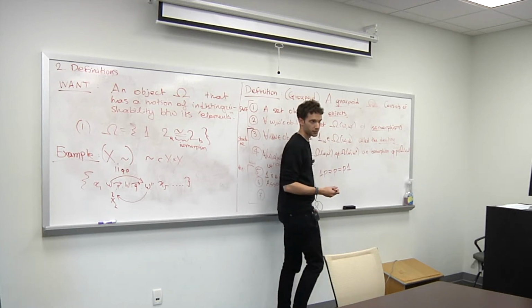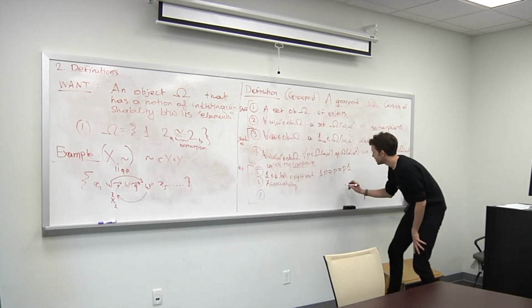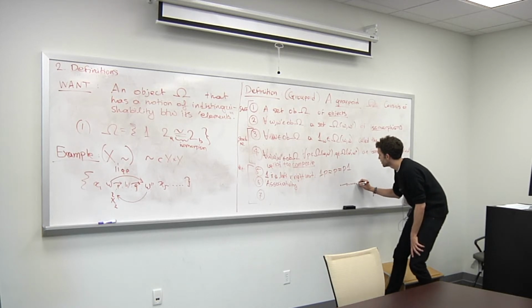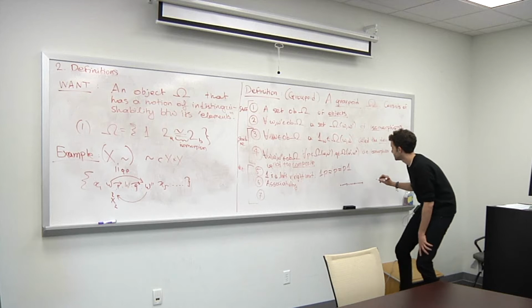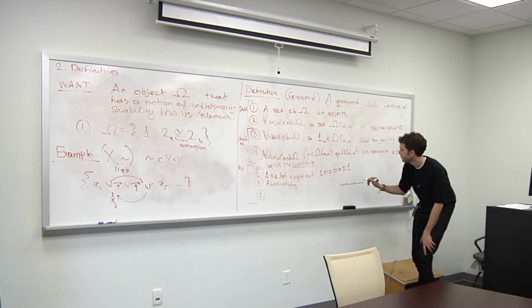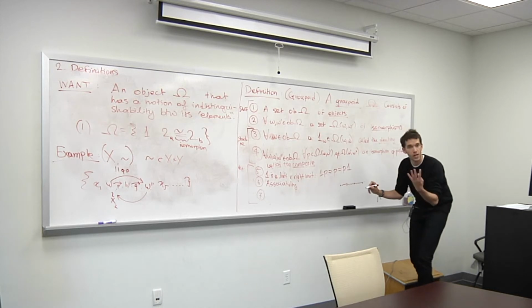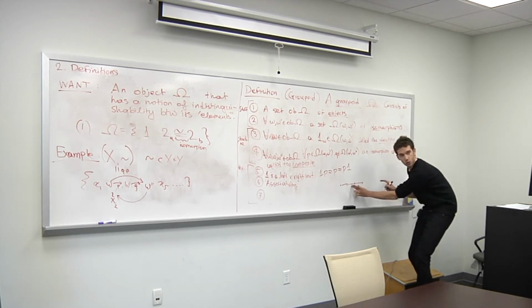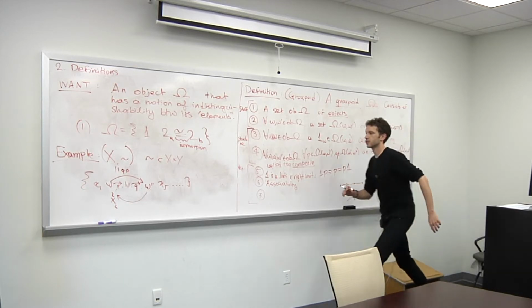Which I'll draw graphically. This means that if you have three successive isomorphisms, okay? There's two ways you can compose them according to this definition. One is you first join these. Let me use another color.